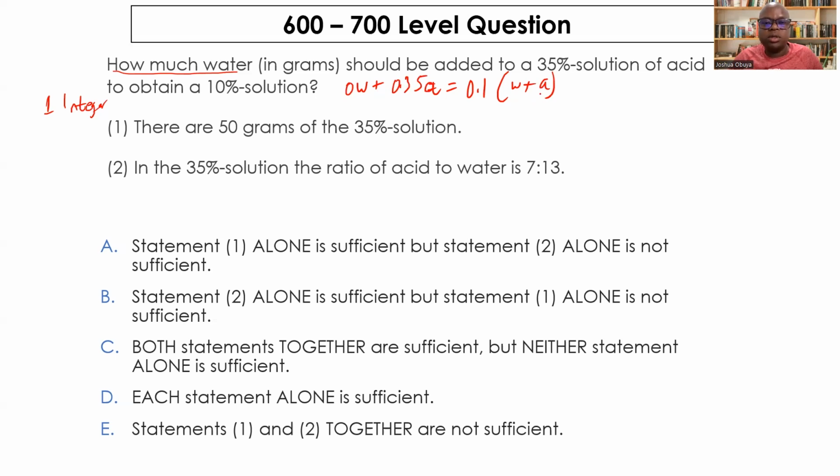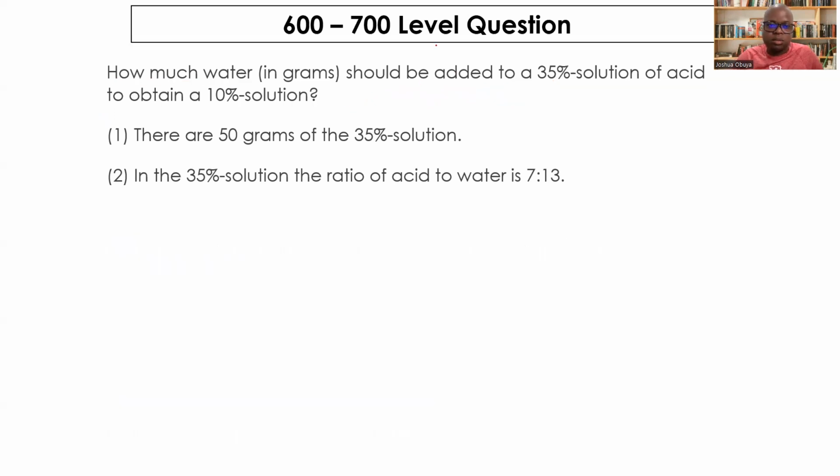So you set up an equation, and if we are able to find a value that we can plug in here and get a definite answer, then that is it. W and A are quantities being used in this mixture, but we'll just have them as ratios in the final mixture because we're setting up an equation to address ratios. So let's go ahead and assess each statement with more space.